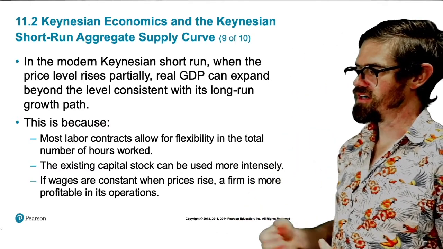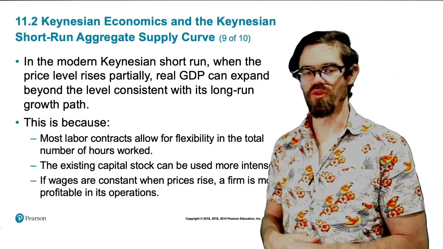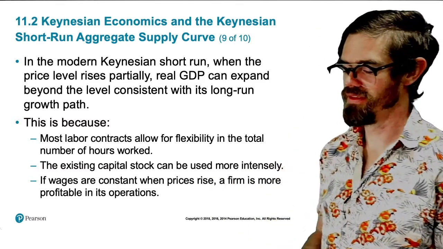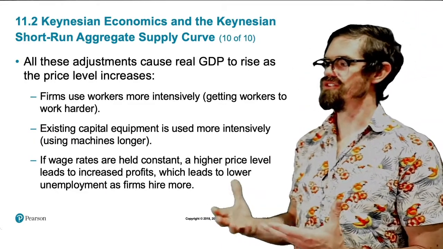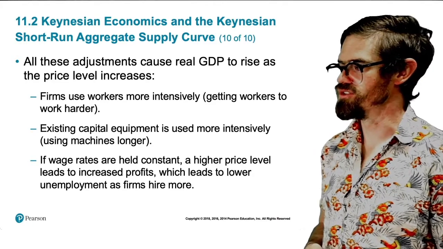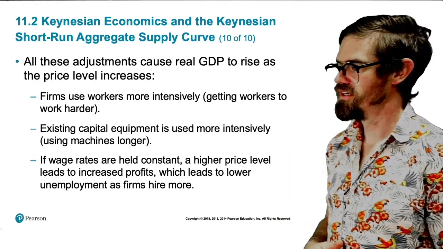Now, if wages are constant when prices go up, the firm ends up being more profitable, right? And all of these adjustments cause real GDP to rise as the price level increases.